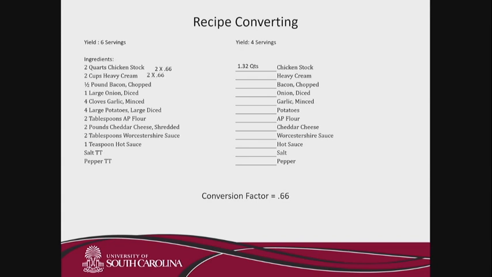Heavy cream, same thing. 2 cups of heavy cream, so 2 times 0.66, 1.32 cups. We got half a pound of bacon, so 0.5 would be half, right? Times 0.66 gives us 0.33 pounds of bacon.